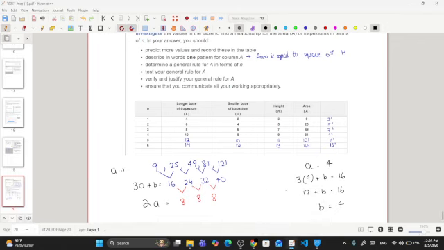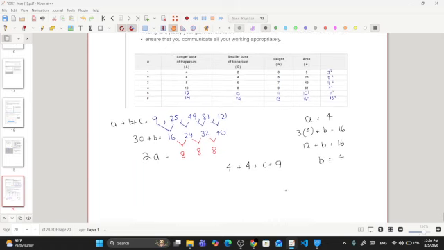And I know that a plus b plus c should be equal to 9. 4 plus 4 plus c equals 9. 8 plus c equals 9. c equals 9 minus 8, which is positive 1. So the equation that I have is 4n square plus 4n plus 1.